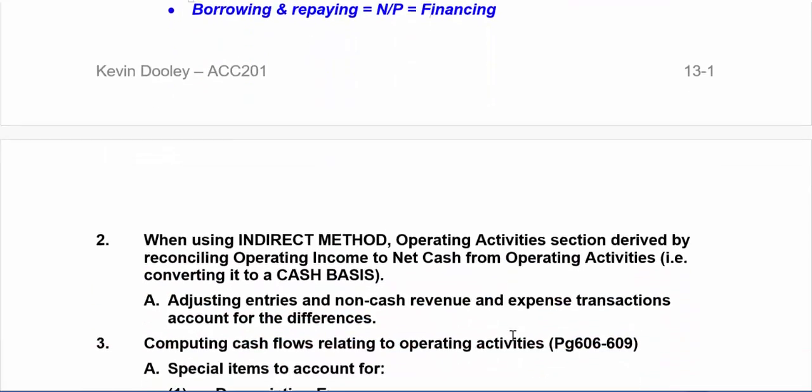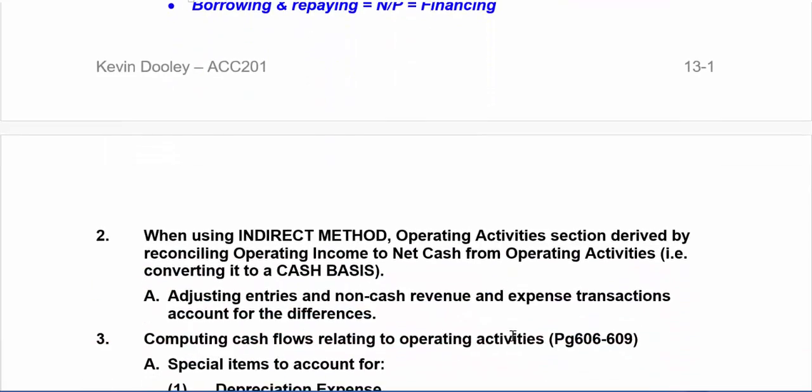When we use the indirect method of producing the statement of cash flows, which is the one that's mostly used in practice, our operating activities section is done by taking operating income and massaging it basically to come up with net cash from operating activities. So net cash provided or net cash used for operating activities. So we're basically taking our accrual basis net income and converting it to cash basis.